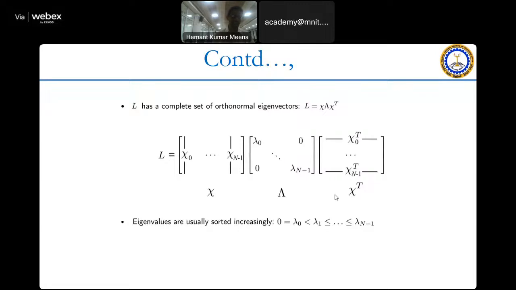But mathematics is essential. So what we are seeing here is that L consists of X multiplied by the eigenvalues and then X transpose, where the columns of X are the bases and these eigenvalues are basically the frequencies.